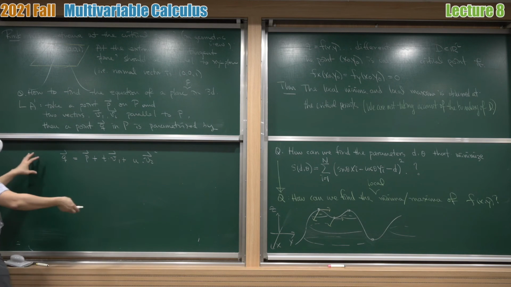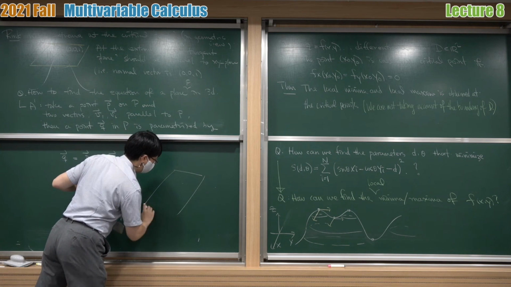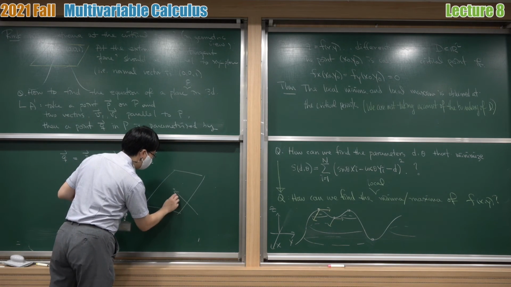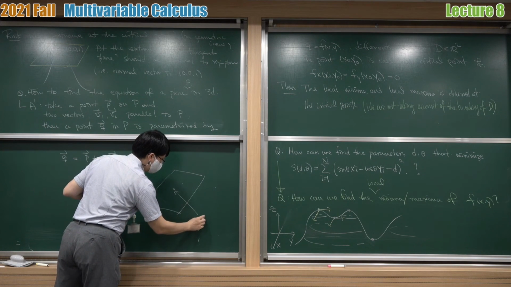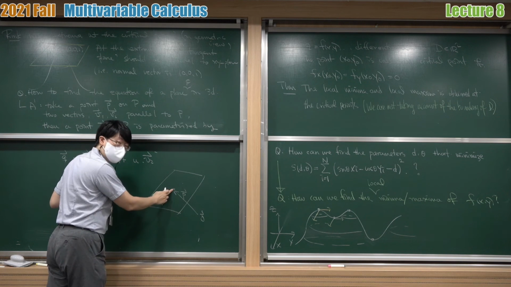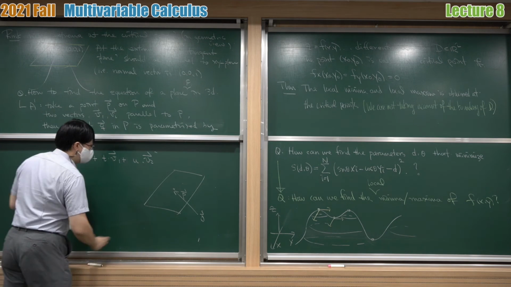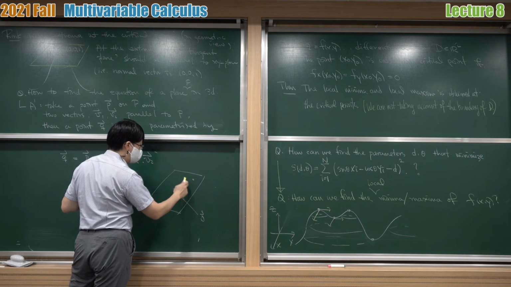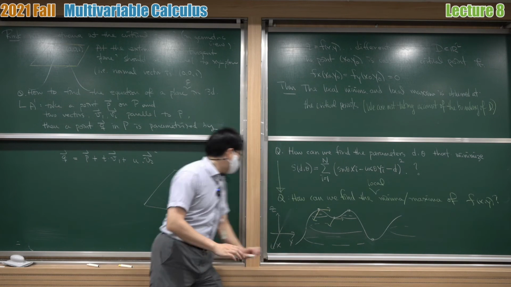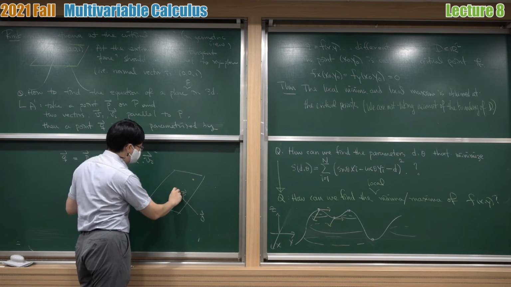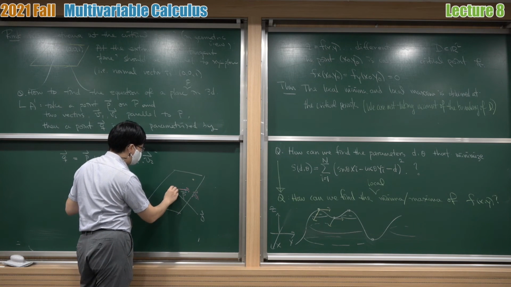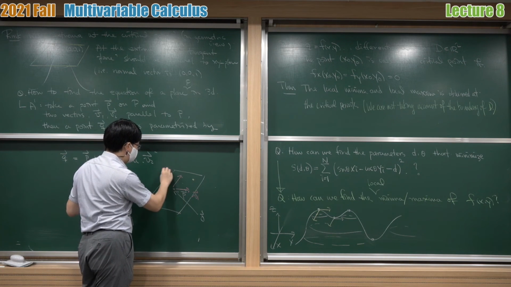Which means that if you have a plane in 3D space, you have to point out where you're starting from. Here's the origin, here's the point vector P, and this is the point P. To point out any point on the plane, you think how far you move from P in the direction of V1, and how far you move in the direction of V2.